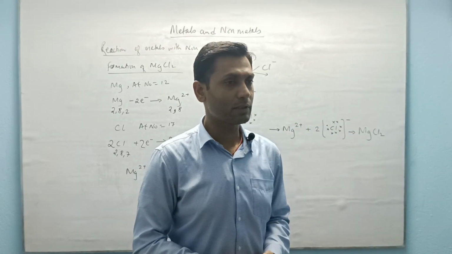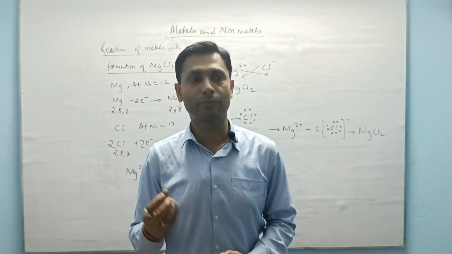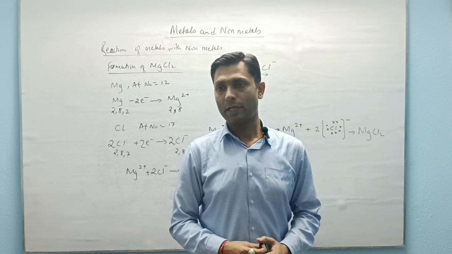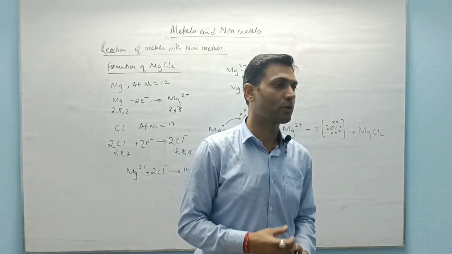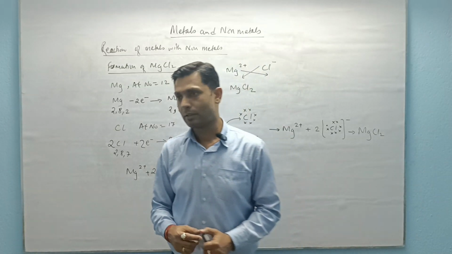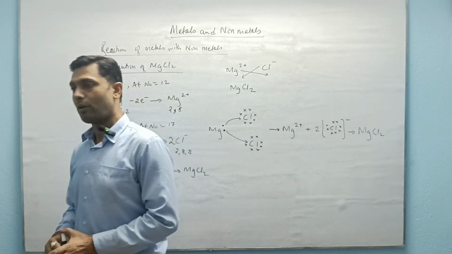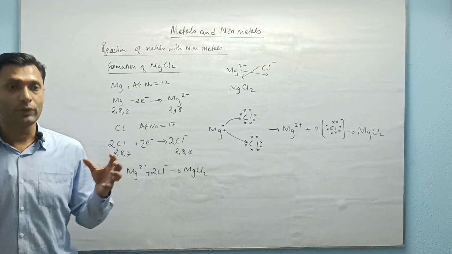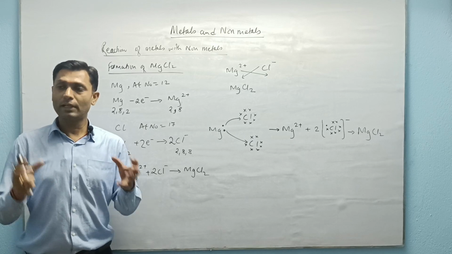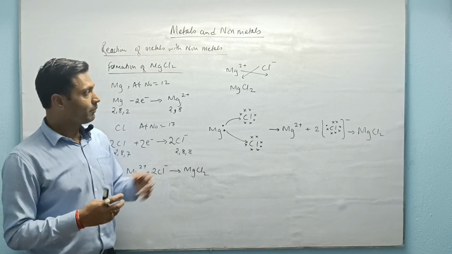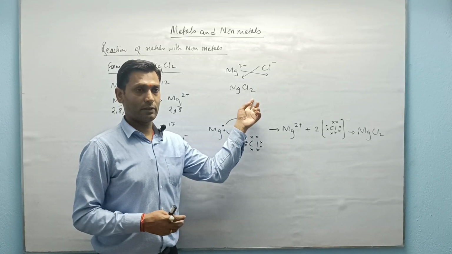What are ionic compounds? The compounds which are formed by the combination of ions. Right? They are called ionic compounds. Or we can also say that in ionic compounds, there is an electrostatic force of attraction between the charged particles.